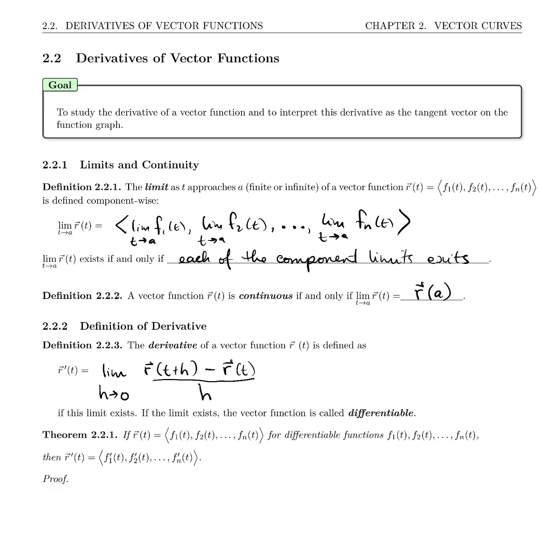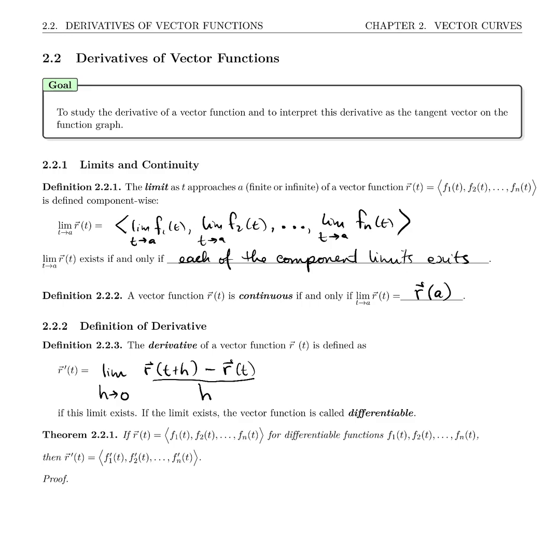And if this limit exists, the vector function is called differentiable. Now this limit probably looks familiar to you from your calculus course. It should. And the only difference really is that this is not a real valued function, but a vector valued function.